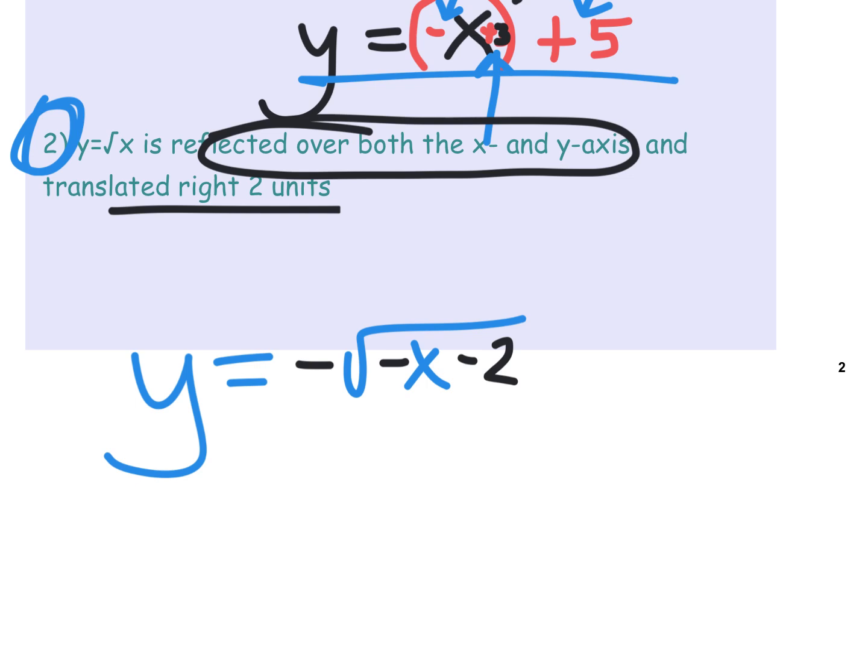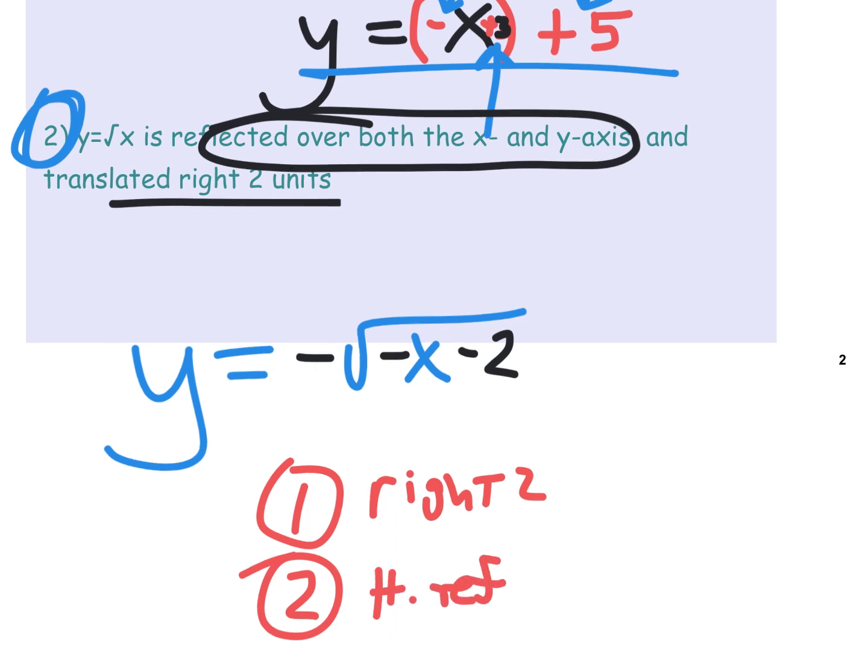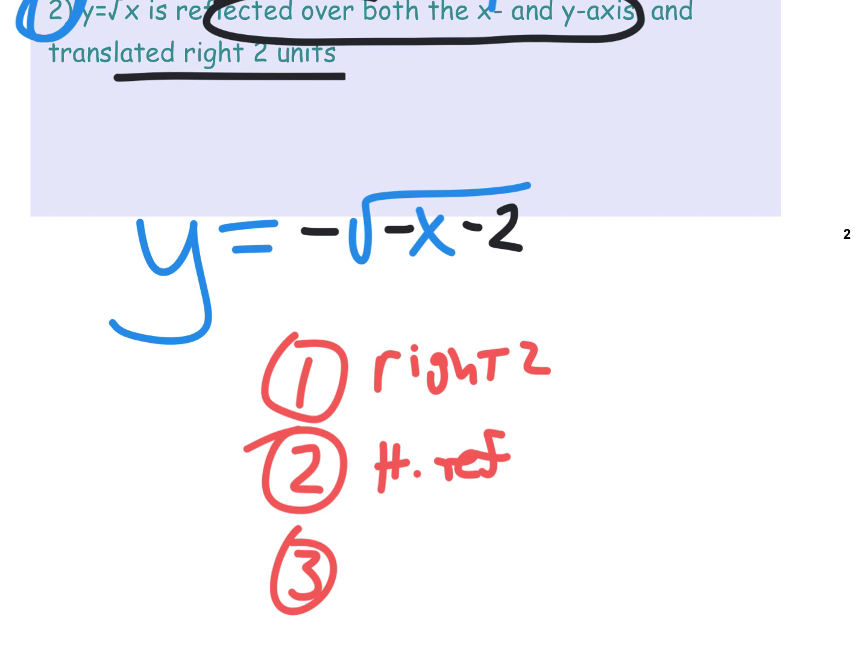Of the 2 on the inside, can I trust the order that I think it should be? No. So you figure out what order you think it should be, and then you do it in the opposite order. So this would be right 2, horizontal reflect. And then the last thing is on the outside, and that is vertical reflect.